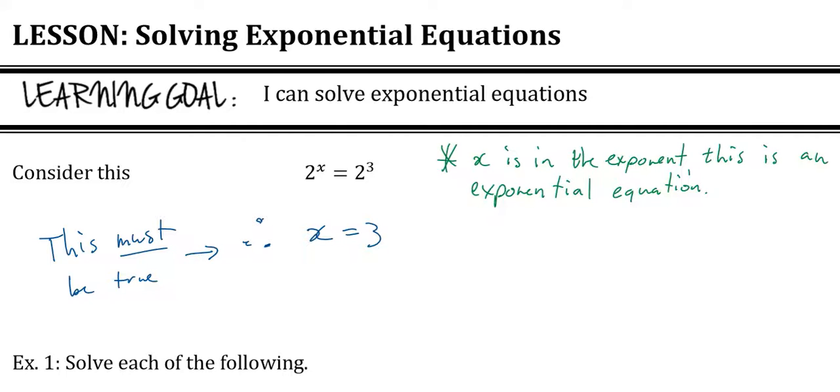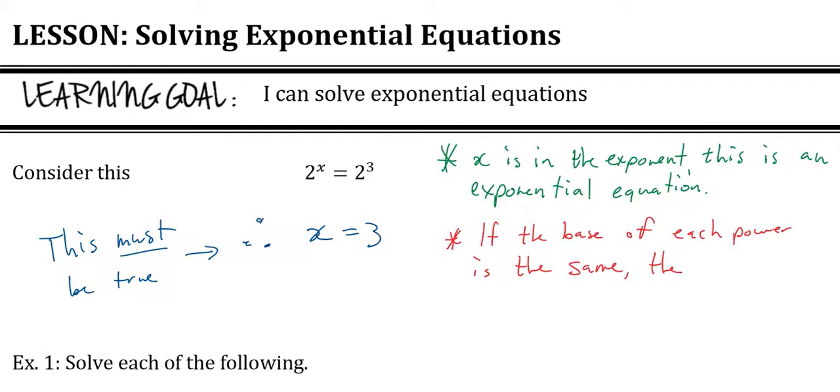And I'm going to write that down again, like I'm going to make another note over here. If the base of each power is the same, or are equal, the exponents must be equal.